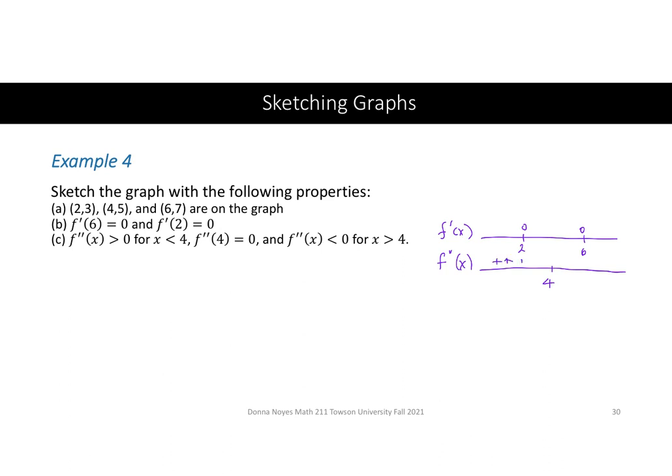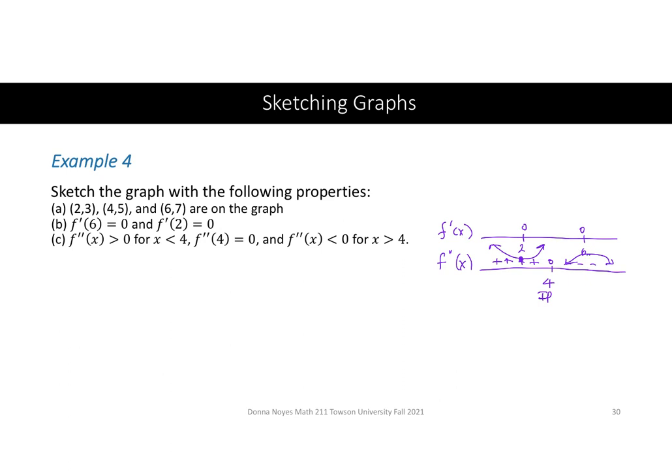We know that our function is concave up anywhere where x is less than 4. And then we were also told it's 0 at 4. That's our inflection point. And then we know that it's negative anywhere greater than 4. So we can look at this and say, if I have an extreme point here, it's going to be at the bottom of that curve.